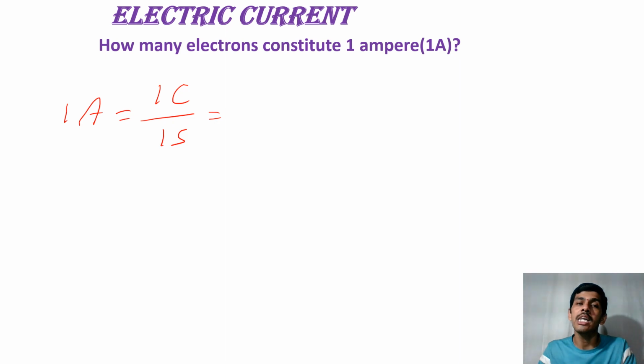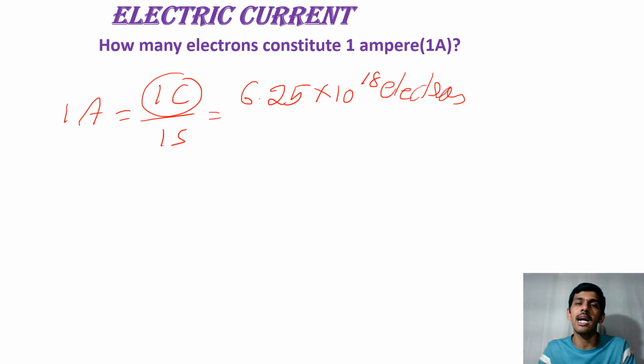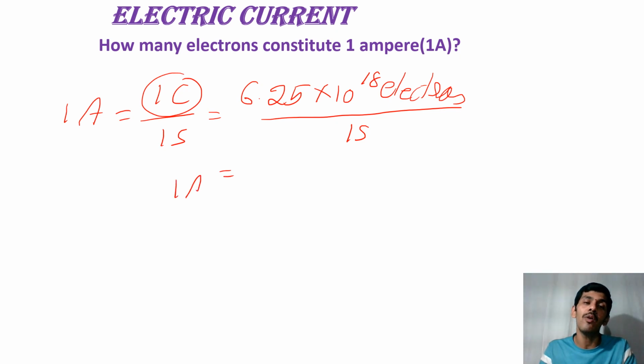But we know that in order to form 1 coulomb of charge, 6.25 into 10 to the power of 18 electrons are needed. That many electrons should pass through a conductor per second, remember. Then that current is said to be 1 ampere.